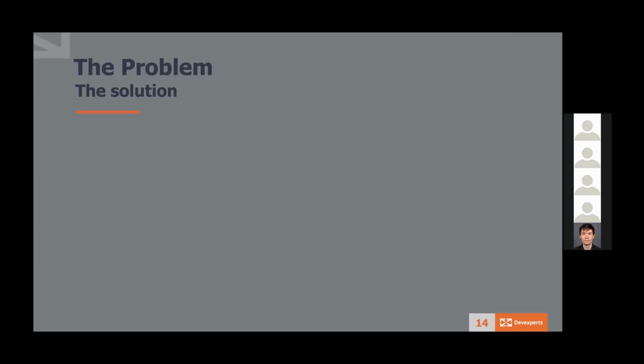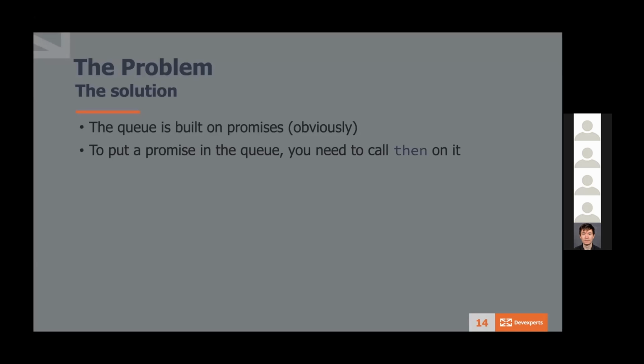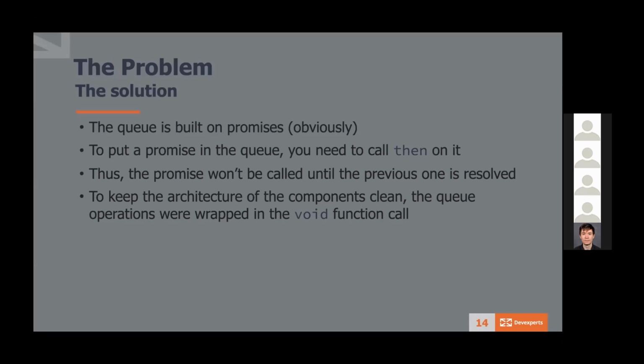The solution to the problem was that the queue was built on promises, obviously. To put a promise in the queue, you just need to call push on it, and the promise you put in the queue won't be called until the previous one is resolved. To keep the architecture of the components clean, the queue operations were wrapped in a void function call, and that's how it looks.